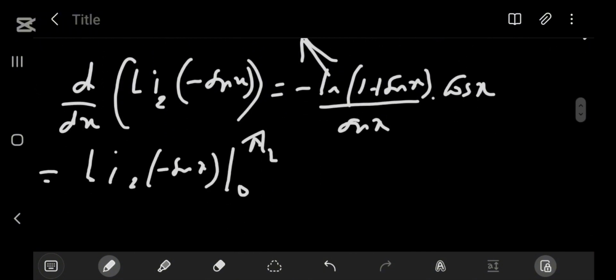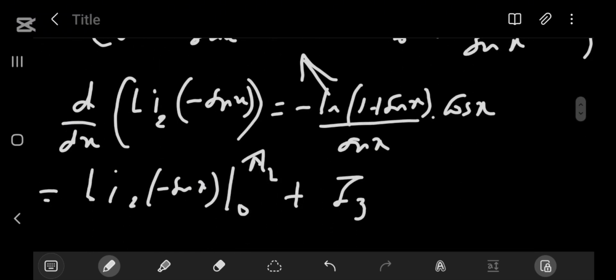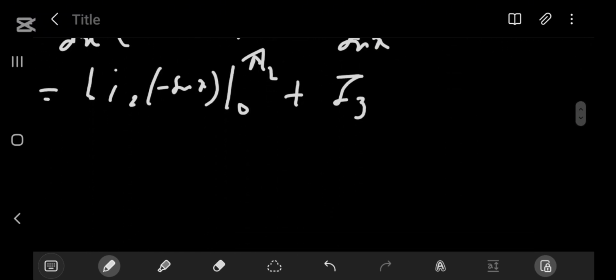And we have another part there, plus the other part of integration. We can put that as I3. So what is Li2 of minus 1 plus I3?